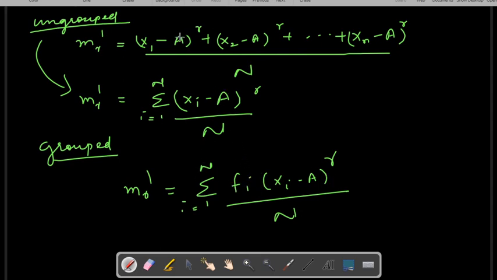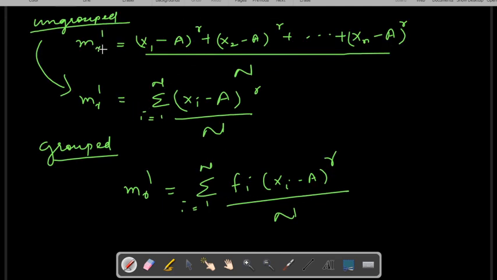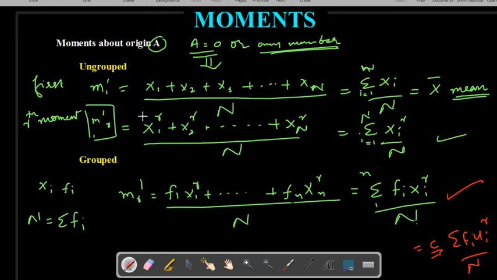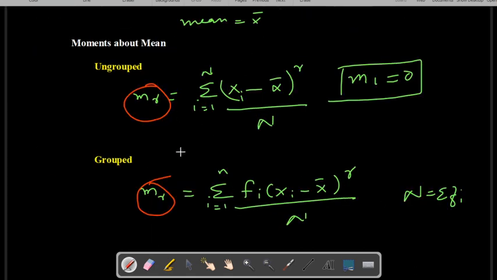If you are subtracting x bar instead of a, that is called moments about mean, and it is represented in another format, that is mr. The other one was mr dash. So if it is origin, we have another representation that I have written here, that is represented as x raised to r bar. These are powers of x that they are taking, so x raised to r bar. So that's three formulas. Same formula for mean with subtraction x bar and frequency multiplication for grouped data.